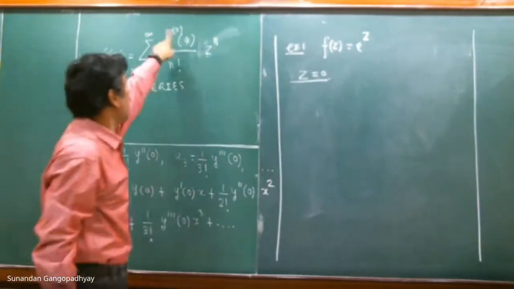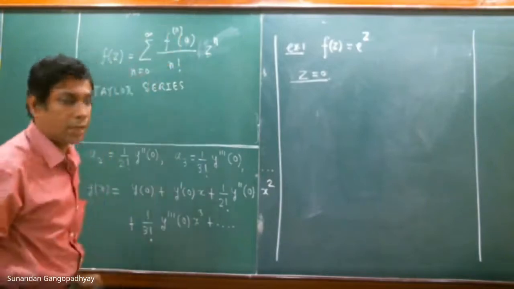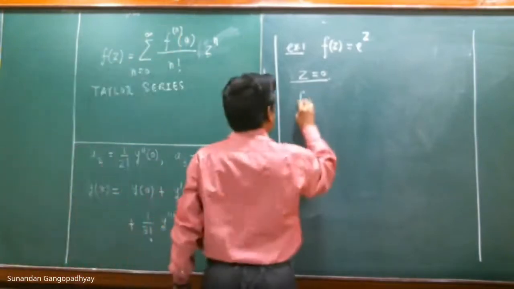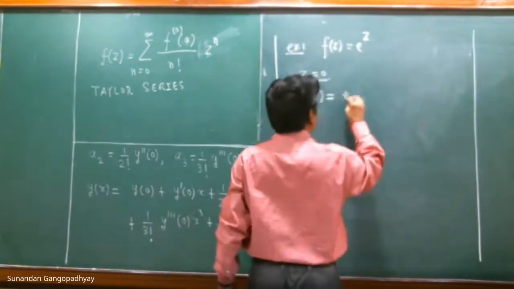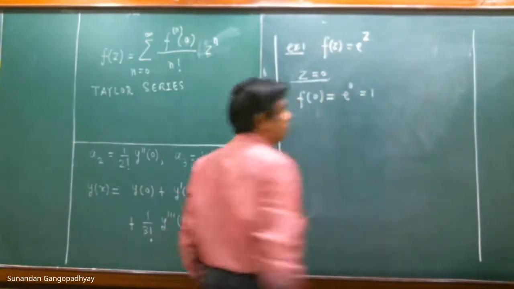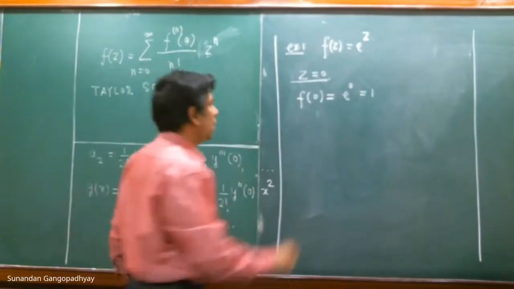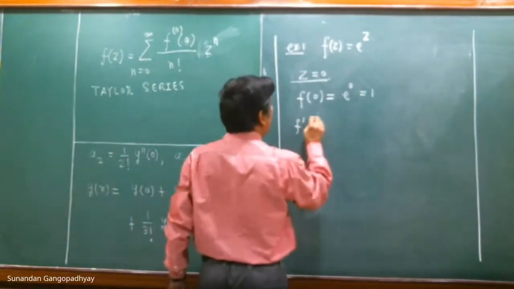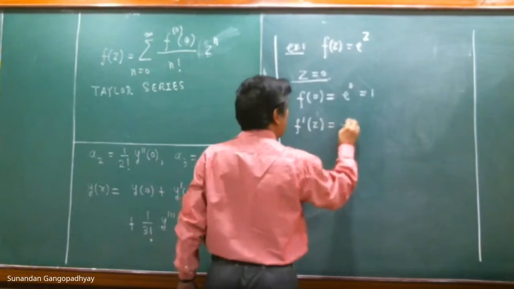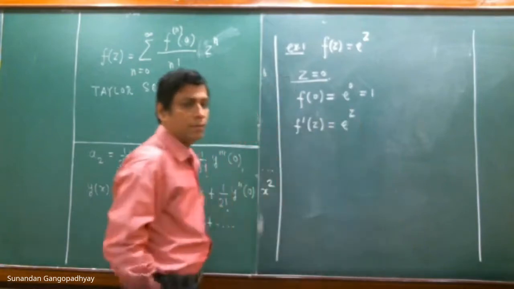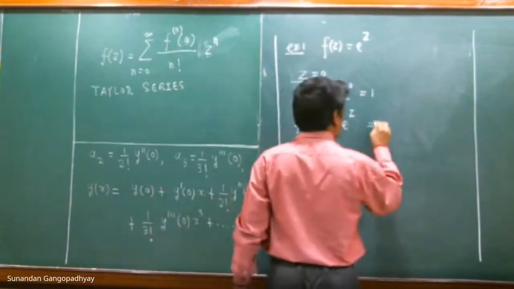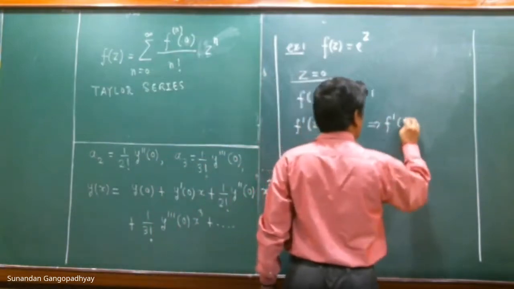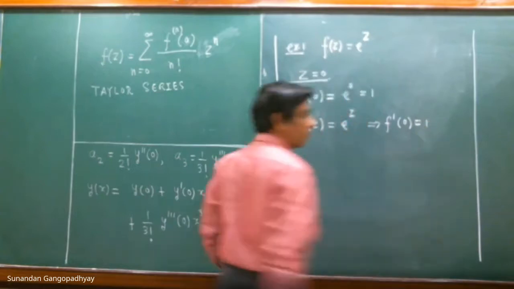So you have to evaluate these f^(n)(0) that you have. So what is f(0)? f(0) is e to the power of 0, that is 1. What is f prime of z? f prime of z is e to the power of z, and therefore f prime 0 is also 1.